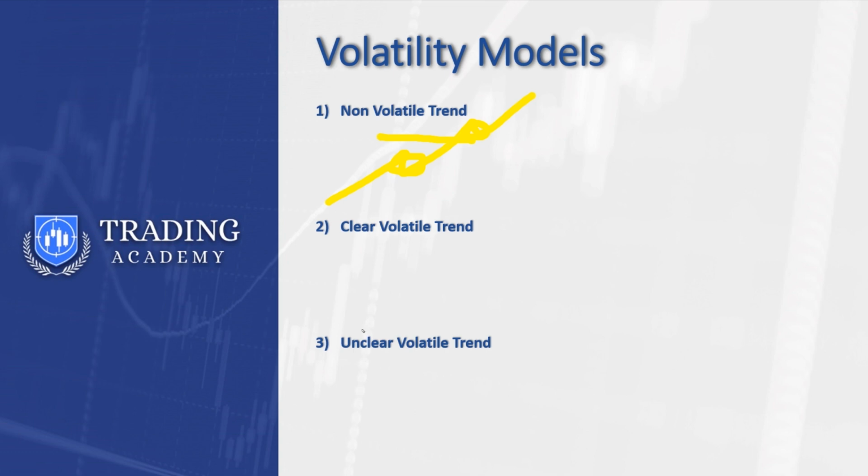The second one is clear volatile trend, and we can spot it when the market precisely is respecting the previous swing and using this level for retest. And the third one, the market is going in general in some direction, but pullbacks are so wide that the market is not respecting the swings. Then we talk about unclear volatile trend.